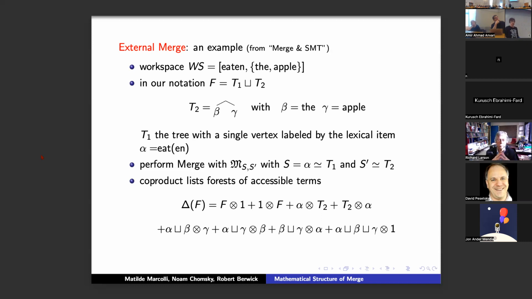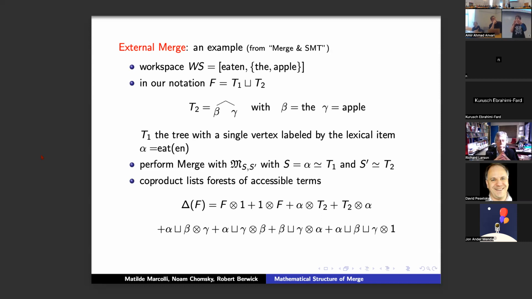So how do I do it with the formalism that I just described? First, I take my workspace and I hit it with the coproduct. It's going to have the trivial decomposition in which I'm not splitting it apart, and then the various ways of splitting it apart. Actually, in a sense, the first line is all part of the trivial decomposition, the one I described last time, where the syntactic objects themselves are indecomposable.